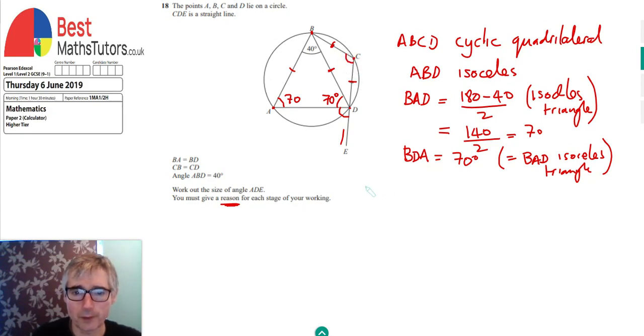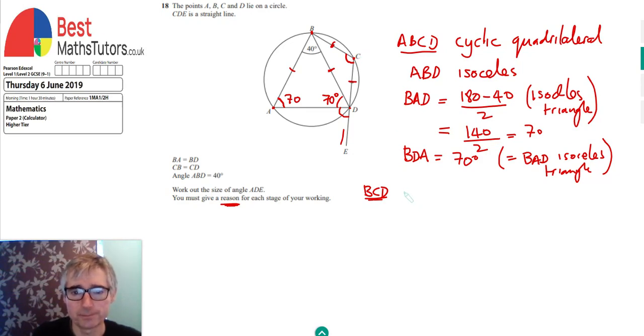Now, there is a rule that because I've got a cyclic quadrilateral, as I mentioned before, ABCD, the opposite angles in a cyclic quadrilateral add up to 180. So this one here, the 70 degrees, and the angle that I'm trying to find at C must both together add up to 180 degrees.